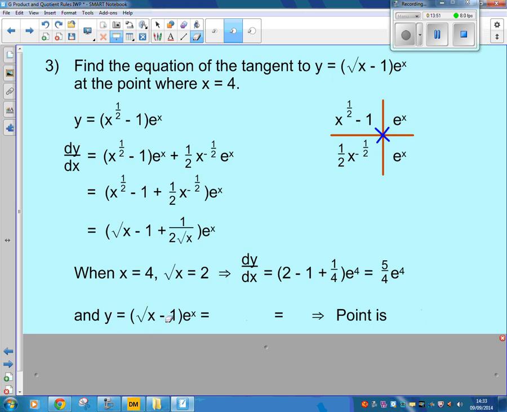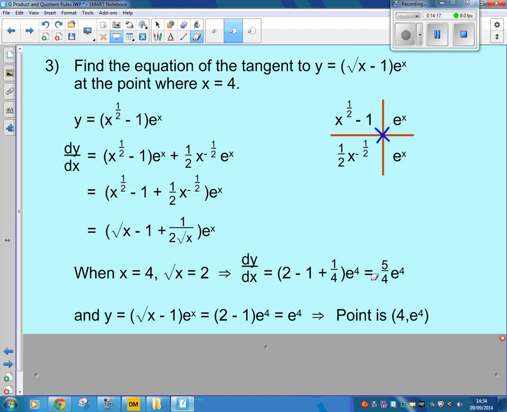So y is root x minus 1 times e to the x, root x is 2, so it's 2 minus 1, lots of e to the 4, which is just e to the 4. So that tells you that when x is 4, y is e to the 4. So the point on the curve where the tangent goes through is 4, e to the 4.